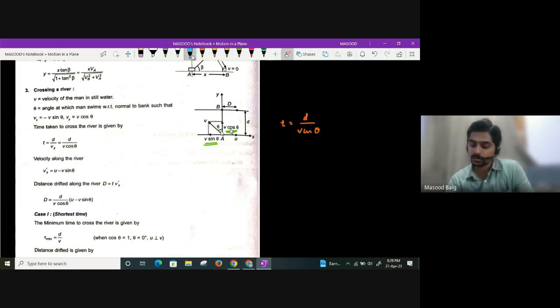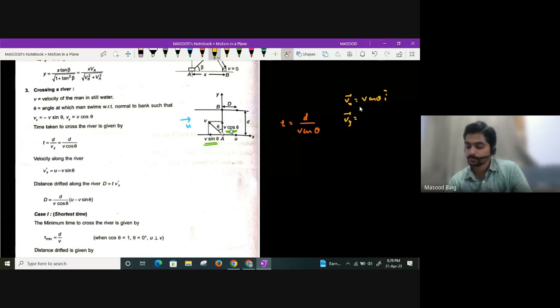However, if the river is also flowing, then tell me the x component of velocity. The y component is fixed. So what is the x component of velocity?